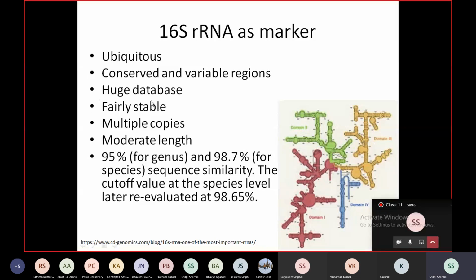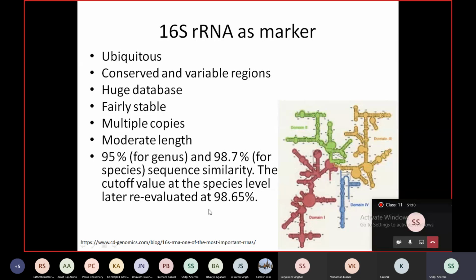This is because of this functionality of 16S. It is involved in protein synthesis. It is fairly stable. It does not really readily incorporate mutations or changes with evolution. There are multiple copies, so detection is easier, and the length is moderate. It's around 1600 base pairs for the 16S RNA, 15 something actually.